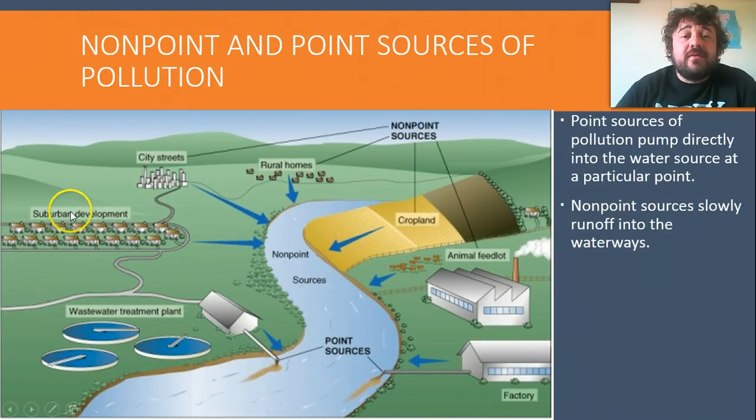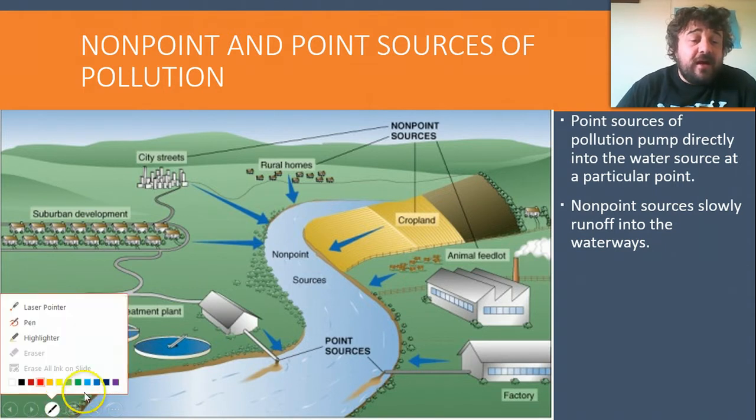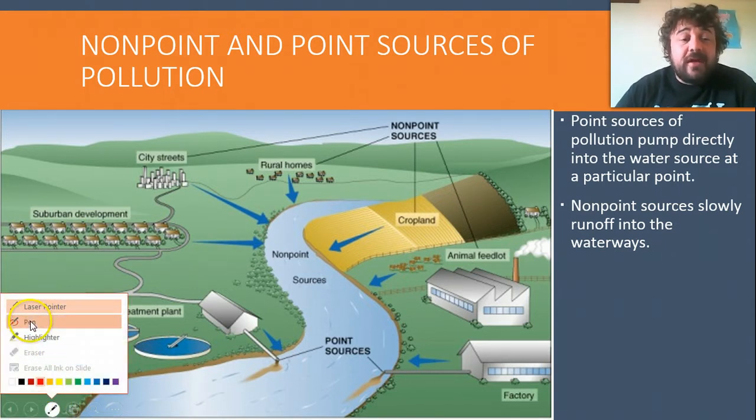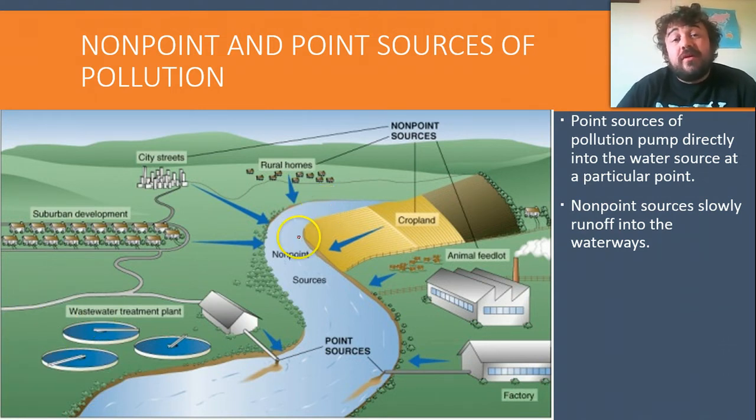All right, so quick bit of definitions for us. We want to look at point and non-point sources of pollution. Okay, so a non-point source of pollution is just general runoff into it. So it's not being pumped in at a specific place. So here's where the farm is, and all this area just gradually runs off into the water.